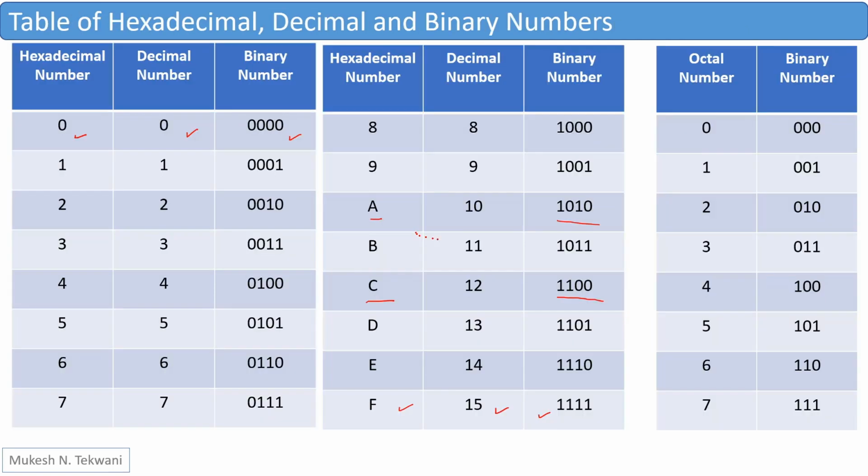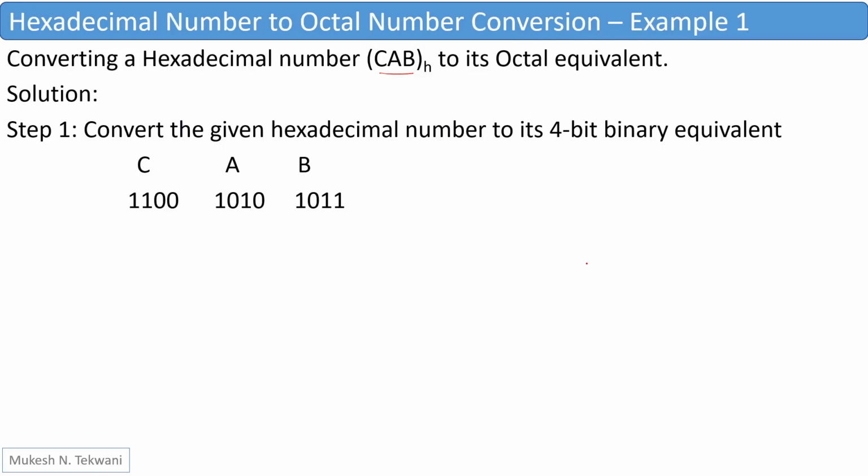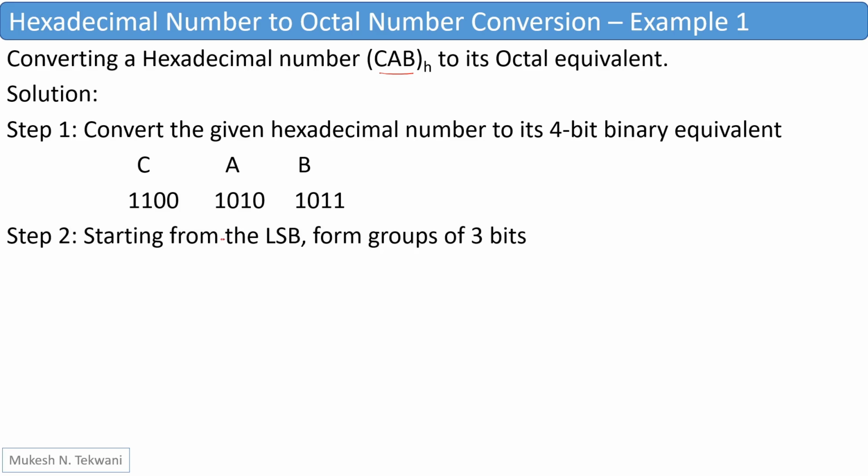Let us verify this part. B is 1011. So each digit of the hexadecimal number has been expressed in terms of its 4-bit binary equivalent.